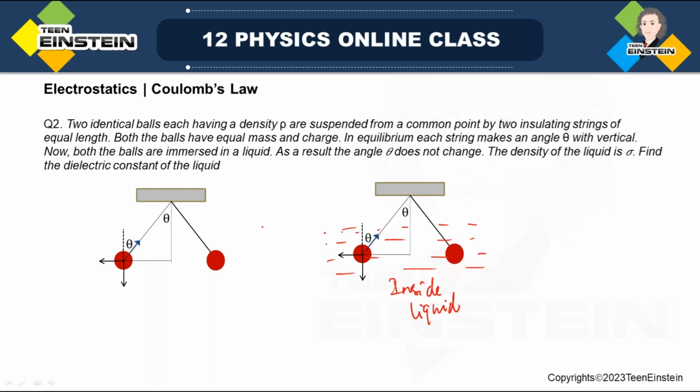First of all, let me tell you what forces are acting. If I just consider the forces on a single ball, this ball is pulled by the tension along this direction, and that tension makes an angle theta with the vertical passing through the ball.